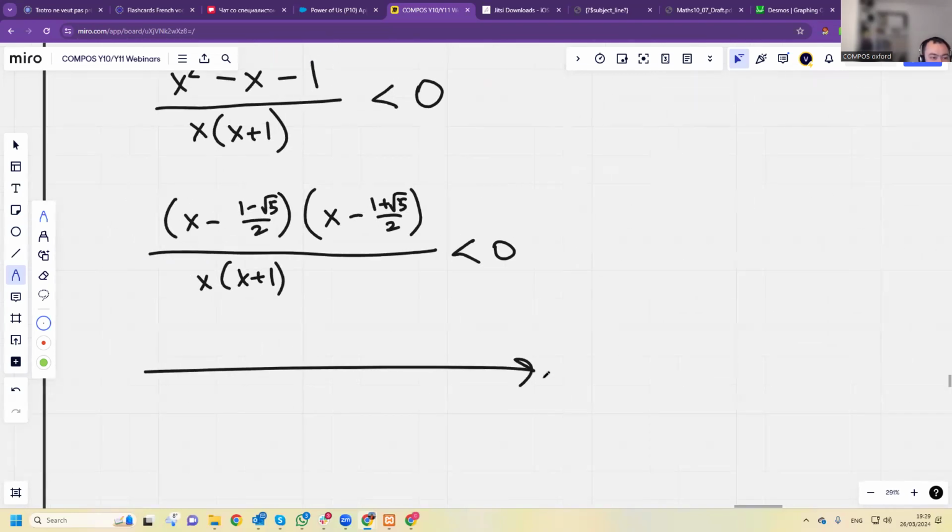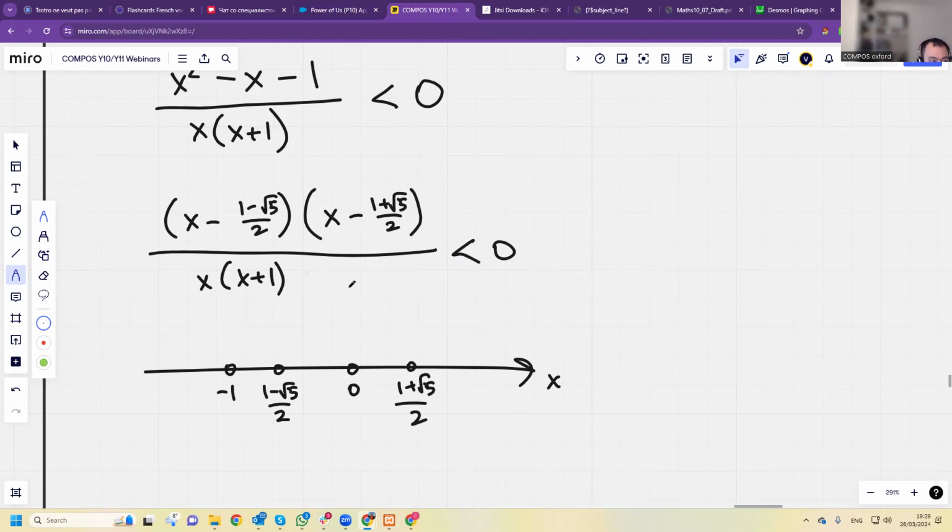So you find the critical values. This is 1 minus root 5 over 2, so that's negative. So it's going to be minus 1, then 1 minus root 5 over 2, and 0, and it's going to be 1 plus root 5 over 2.